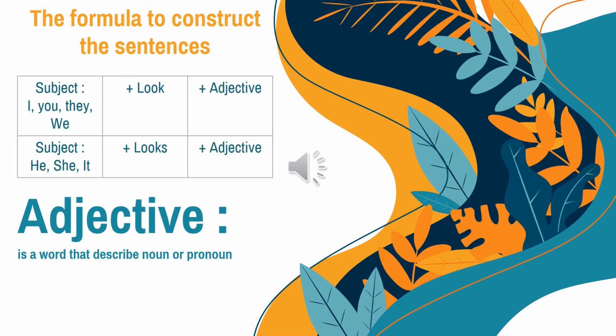But when you want to use look with the subject he, she, it, don't forget you have to add s in looks, followed by an adjective. To remind you again, an adjective is a word that describes a noun or pronoun. In bahasa Indonesia, adjective means kata sifat.